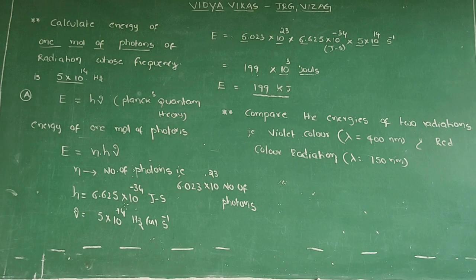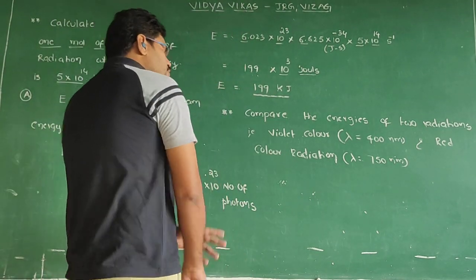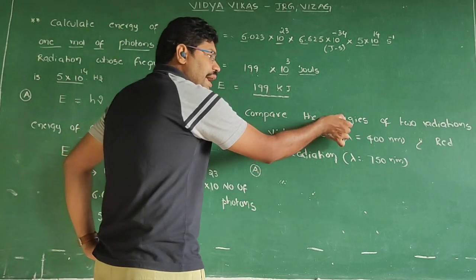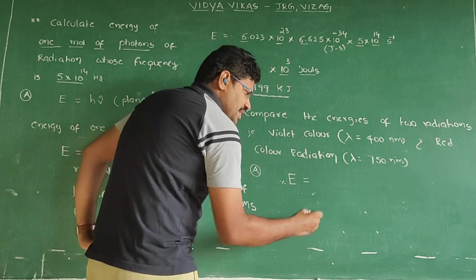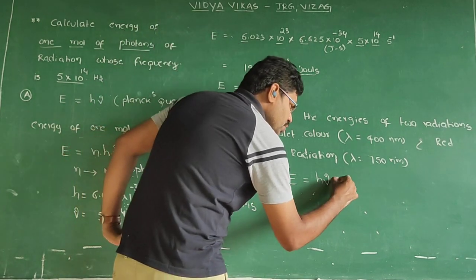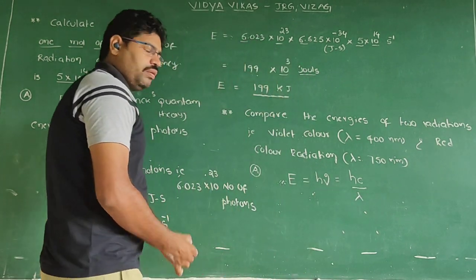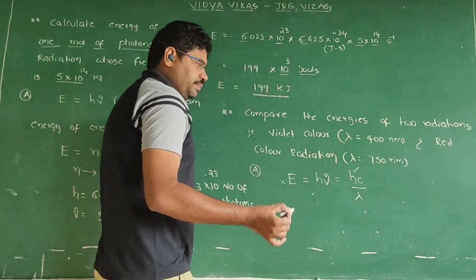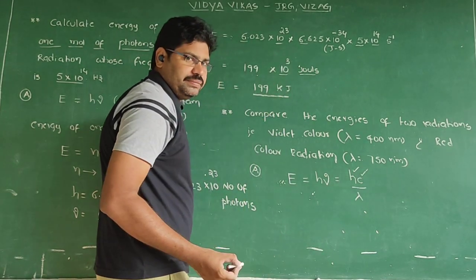Sir, are you ready to answer this question? How is it possible? Students, coming once again to the formula for energies, we know energy E is equal to h nu. Keep in mind, nu is simply c by lambda. Here h is Planck's constant and c is the velocity of light.